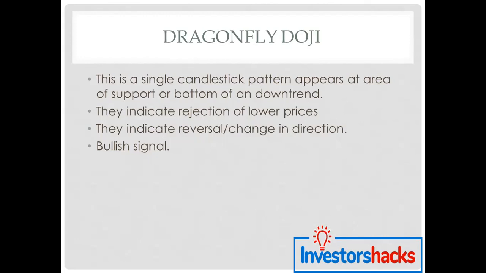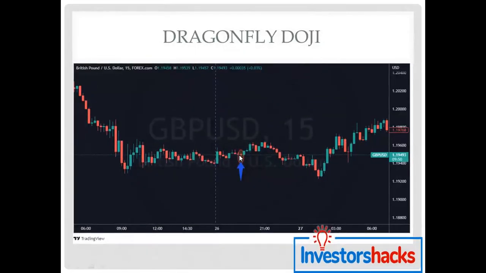So we will have a downtrend, and this type of candlestick pattern will appear at the bottom or at the end of the downtrend. And when they appear there or at support, they will be indicating reversal or change in direction. Also, they indicate rejection of lower prices, and they are very powerful in giving you a bullish signal. So this is how they look.